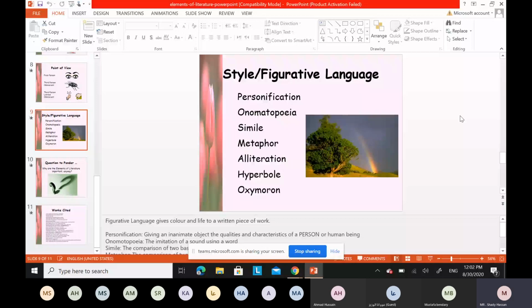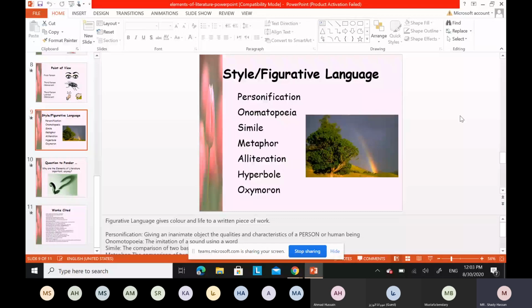In alliteration, well, the alliteration actually creates some kind of music inside the lines. How come? Well, alliteration means the repetition of the initial sounds between words.